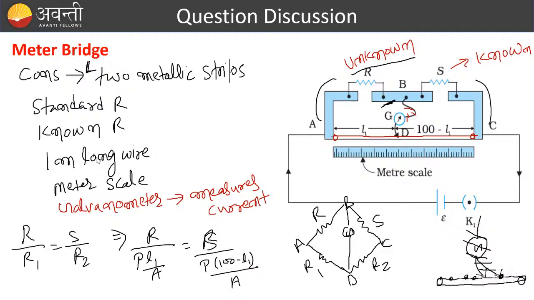This 1 meter long has a resistance, right? So this null point divided this wire into two portions, L1 length and 100 minus L1 length. L1 length का ही resistance तो मैंने R1 लिखा है, 100 minus L1 का ही resistance तो R2 लिखा है ना. So obviously we are considering this resistance. Without that, how we will do? It's not possible, right?